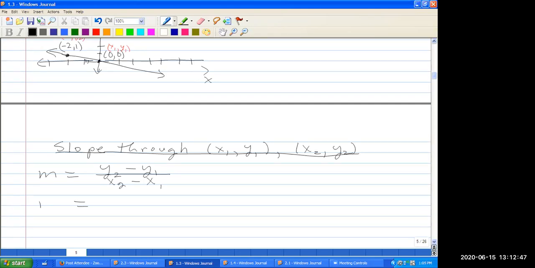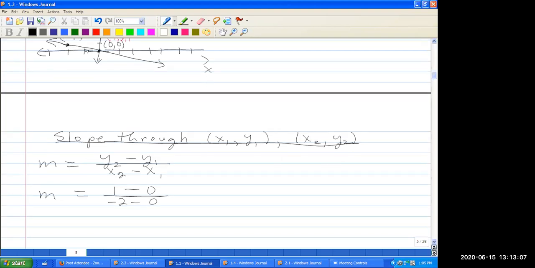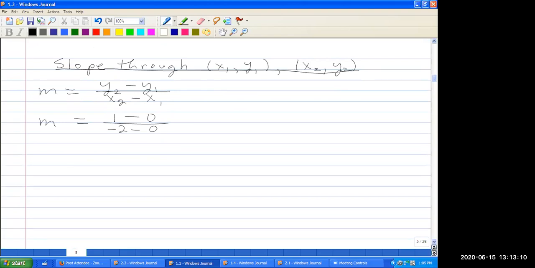In this case, the slope is y2, 1, minus y1, 0, over x2, negative 2, minus x1, 0. It really doesn't matter which one you take as the first point and the second point, but in this case, it's easier because you're just subtracting 0. So the slope is equal to 1 minus 0, which is 1, over negative 2 minus 0, which is negative 2. So the slope is negative 1/2.